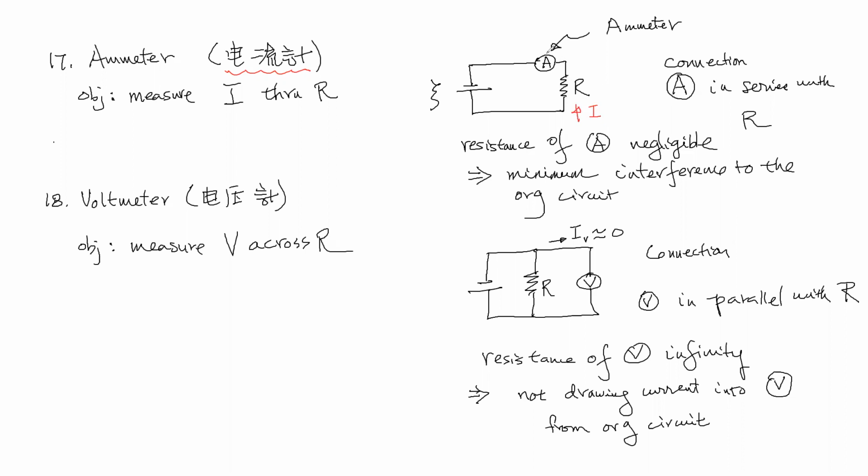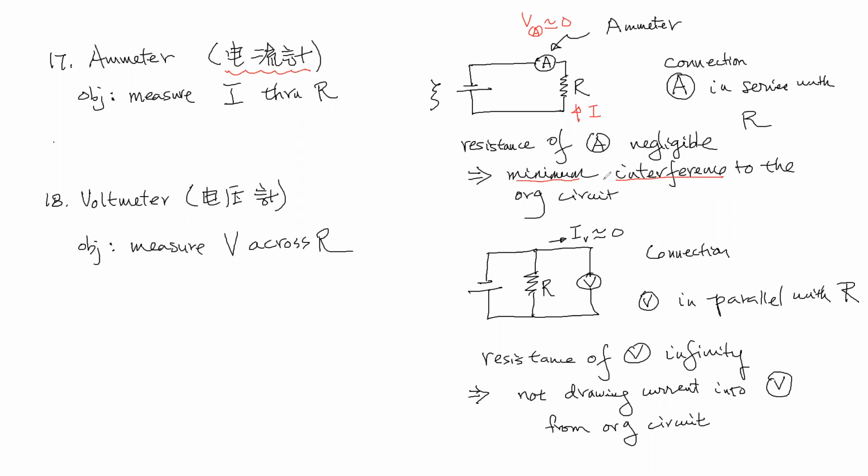So the way you connect it, you connect this A, the ammeter, in series with the R. Why is that? Because the resistance of A is negligible. So when you put it there, there's basically no voltage drop here. The V drop through the A is close to 0. So you have minimum interference to the original circuit.